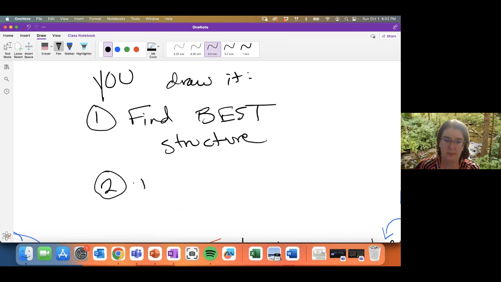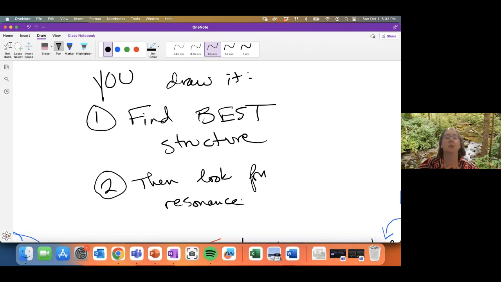Then look for resonance. That being said, we as instructors on exams can give you a bunch of resonance structures, and they might have different formal charges. But if you are supposed to find resonance, you are always going to do formal charge first.